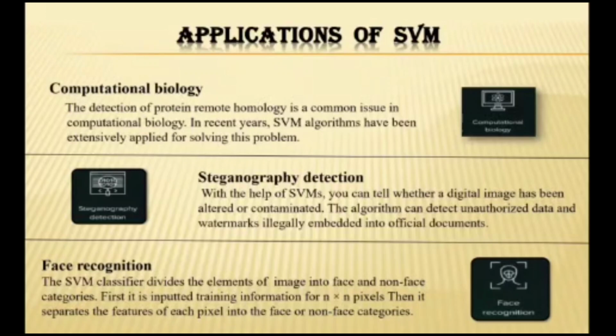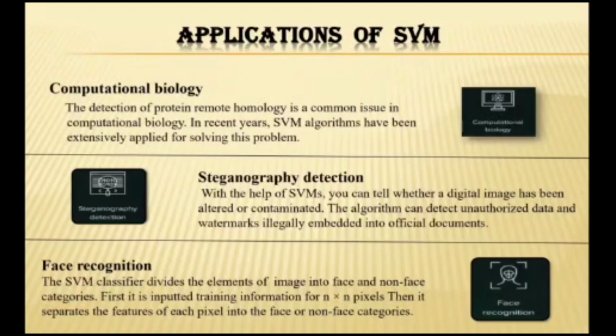And now we are going to see steganography detection. With the help of SVM, you can tell whether a digital image has been altered or contaminated. The algorithm can detect unauthorized data and watermarks illegally embedded into official documents. And now face recognition. The SVM classifier divides the elements of an image into face and non-face categories. First, it is given training information for n cross n pixels.